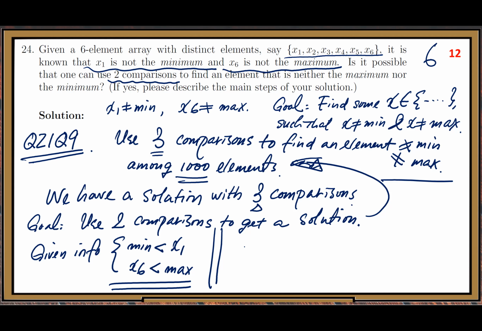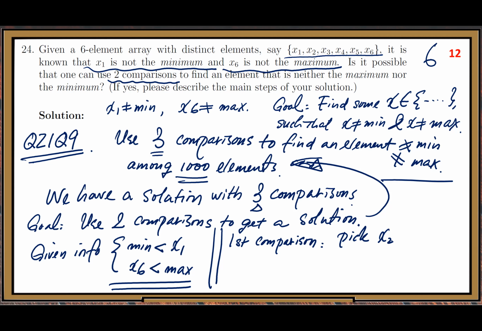So for the first comparison, we can pick x2, x3, x4, or x5, any one of the four, because we have no information for these four elements.